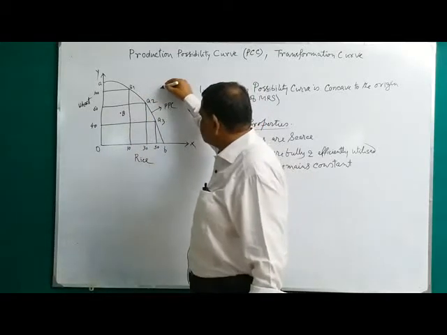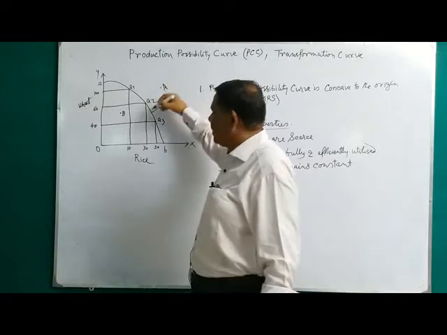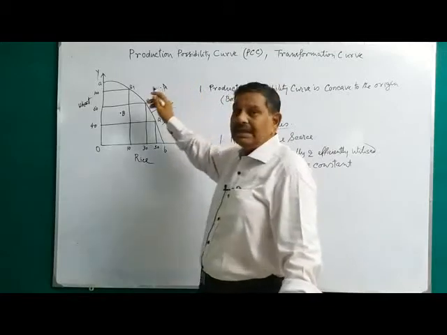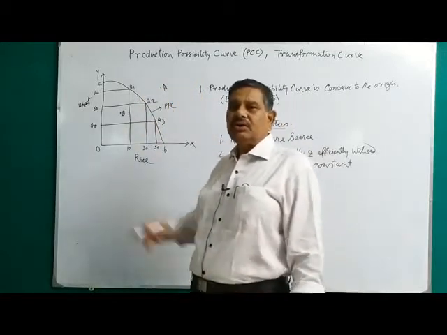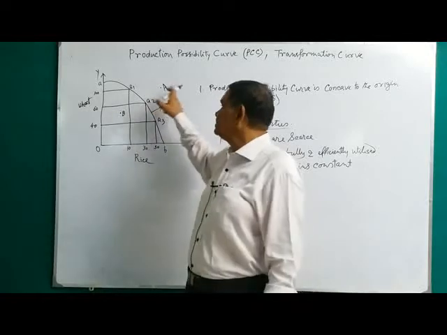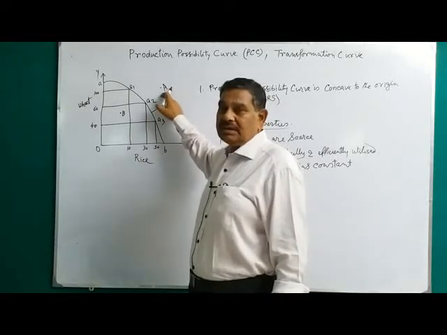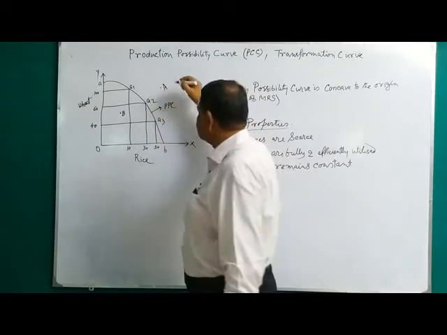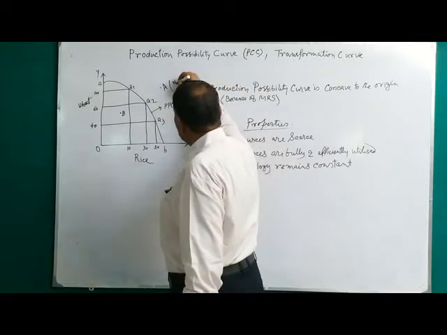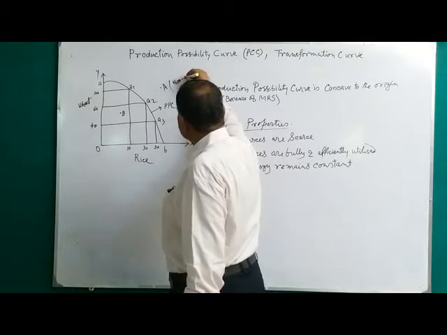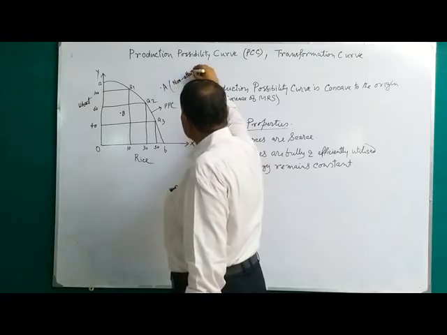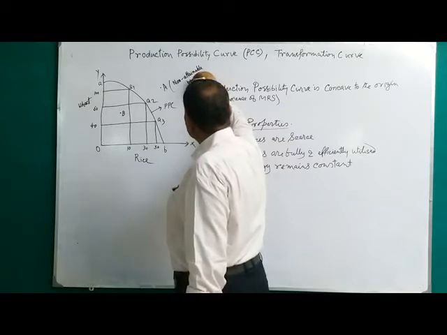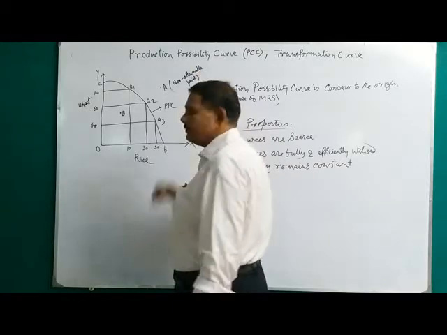Will you choose point A, which is above the PPC curve? No, because it is out of your reach. Your income will not permit you to reach there. It is not available for you. This point is called the non-attainable point.